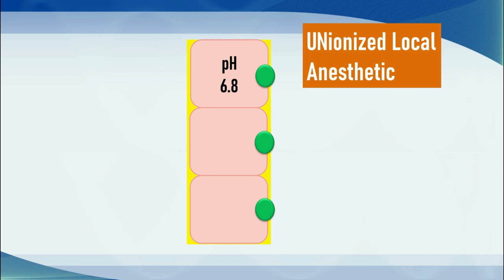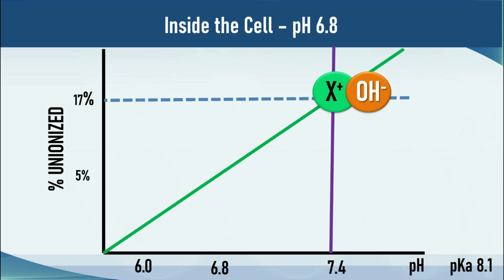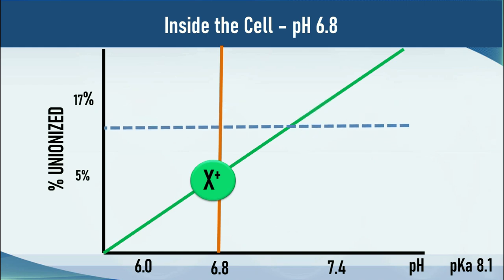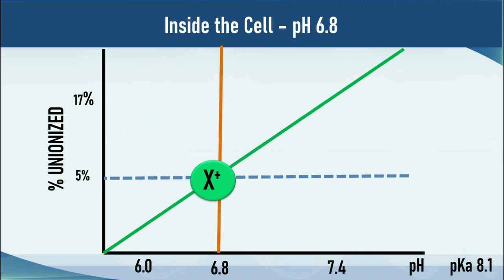However, that 17% of unionized local easily enters the neuron, and that is where things become even more interesting. Because inside the nerve cell, the pH is 6.8. Now that the drug is inside the cell with a lower pH, the local anesthetic rapidly associates with hydrogen ions. And now it's approximately 95% ionized.